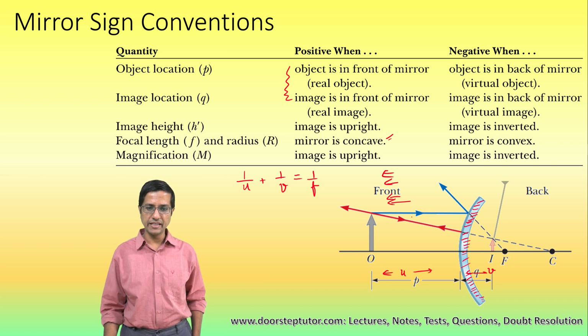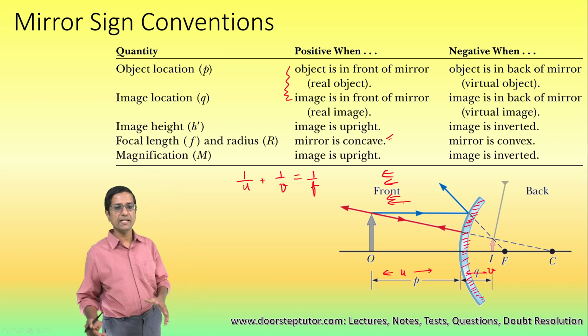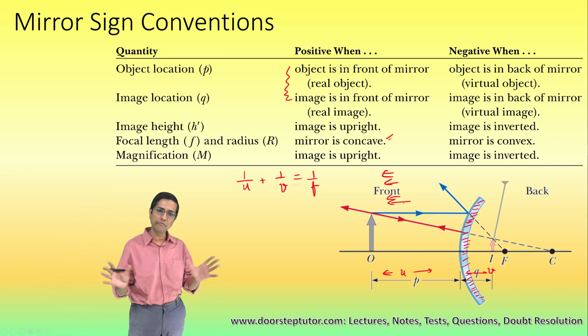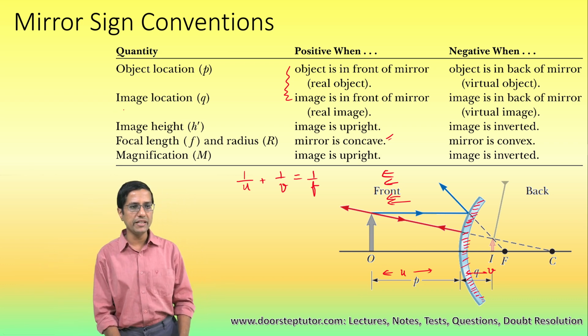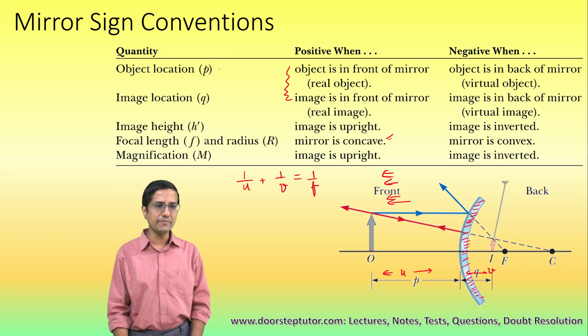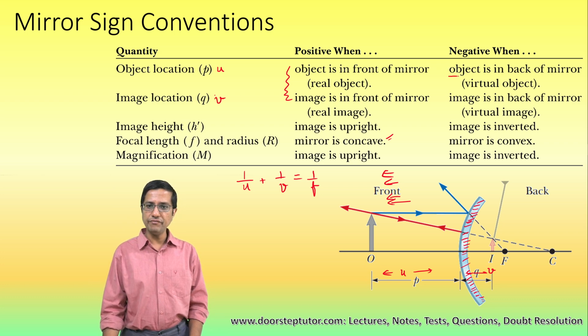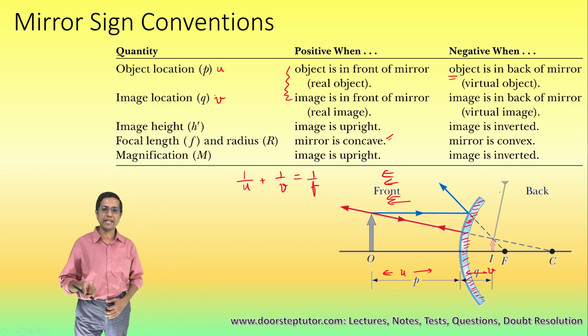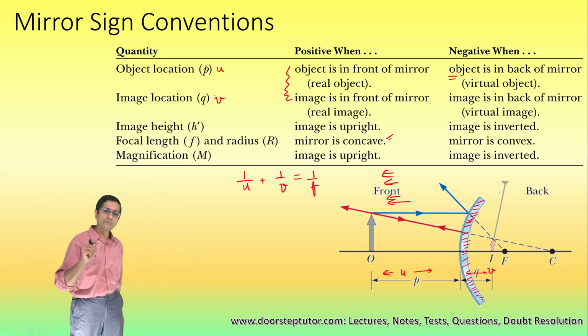As long as the object and the image are in the front of the mirror, whether the mirror is convex or concave, we take u and v as positive. If the object or image is in the back of the mirror, we take u and v to be negative.